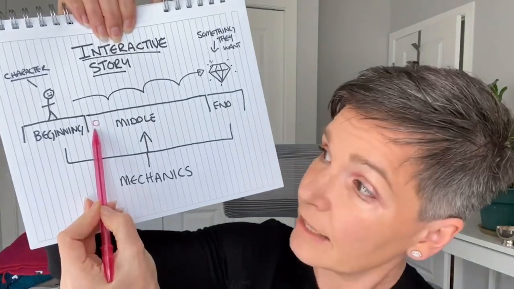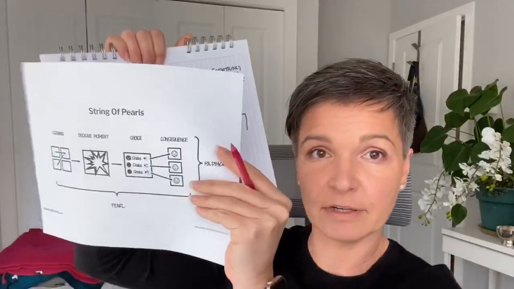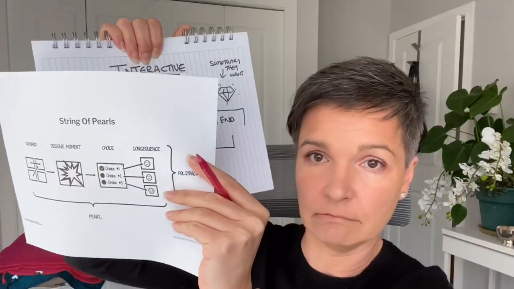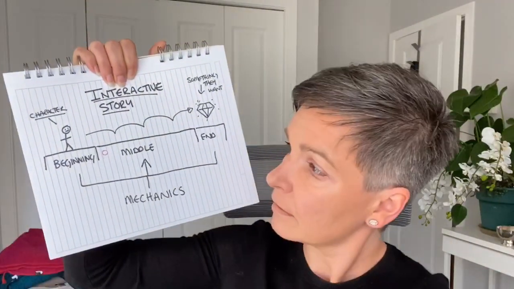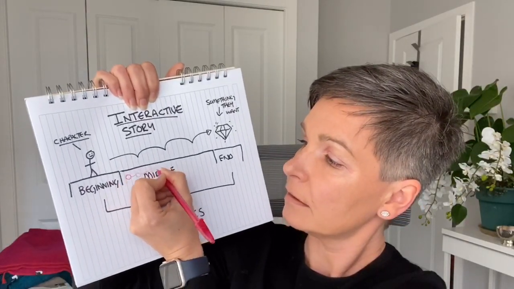The reason we're calling it a string of pearls is because you'd have 5, 6, 9 of these strung together in the middle.